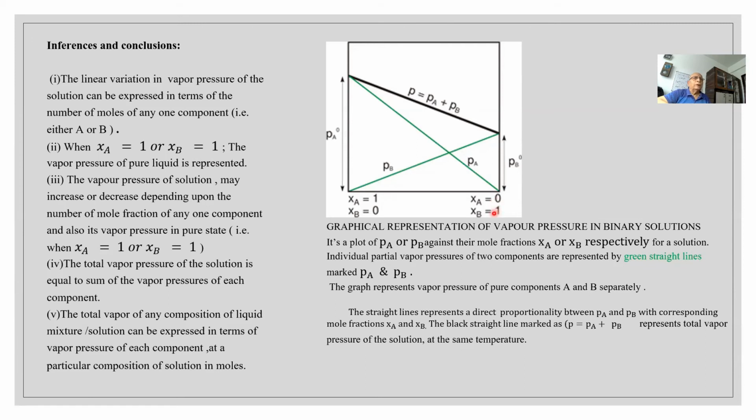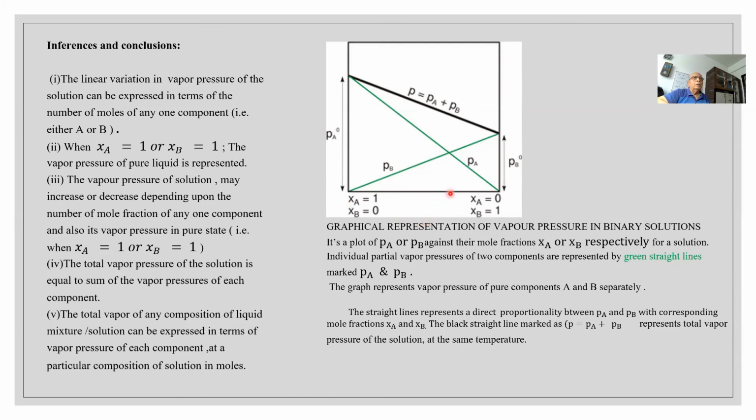As the mole fraction increases, something would happen to the vapor pressure. The pressure would change. Something means it will alter. So how does it change is represented in this graph in terms of mole fraction of A and B.